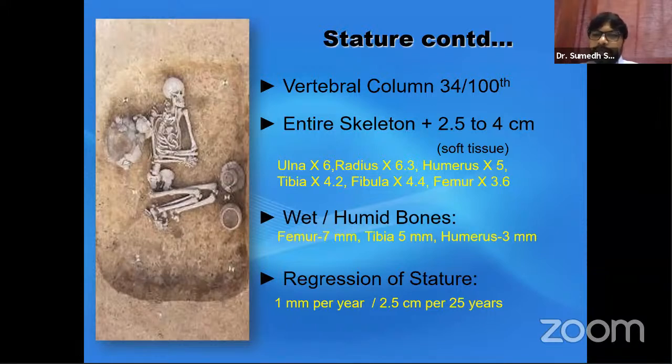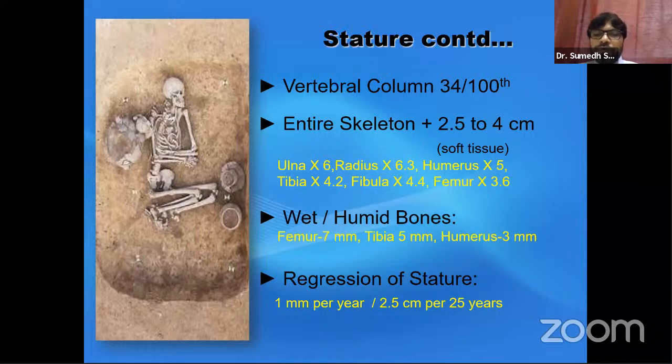Radius multiplied by 6.3 gives the average height of that individual. Humerus multiplied by 5 gives the average height. Tibia multiplied by 4.2 gives the average height. Fibula multiplied by 4.4 gives the average height, and femur multiplied by 3.6 gives the average height of that individual.